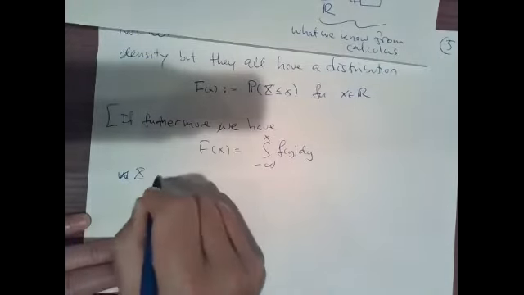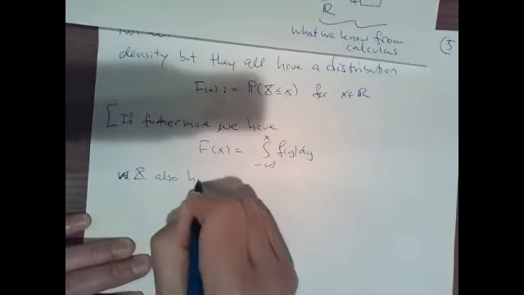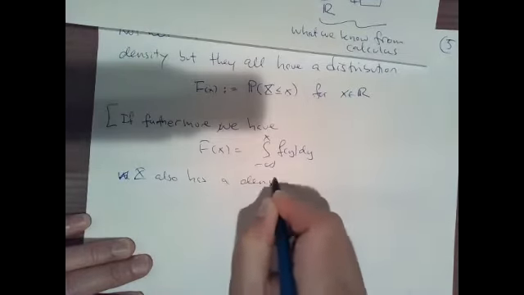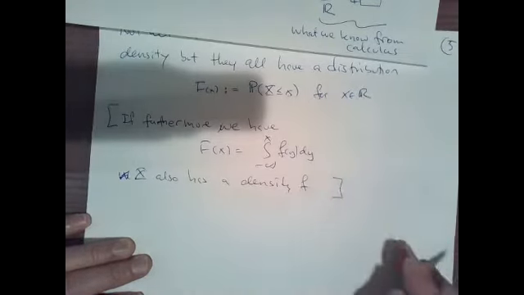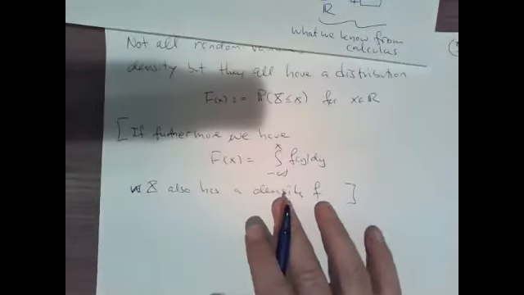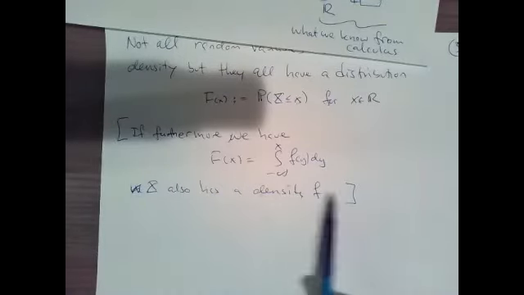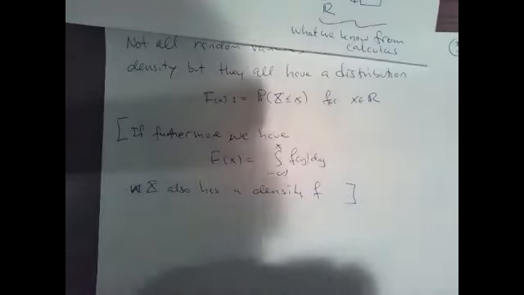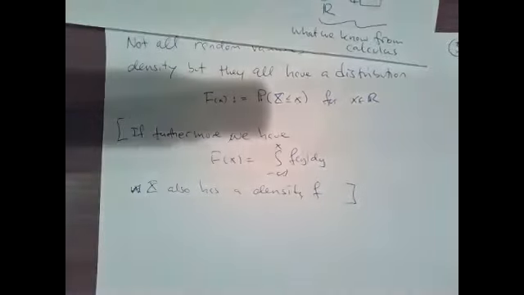Okay, but we're not making this assumption in particular. Our coin flip case is an example of a random variable that doesn't have a density.